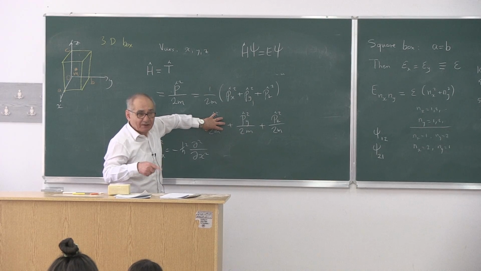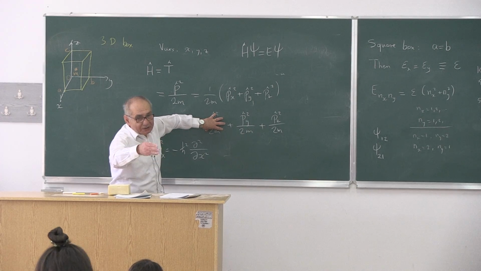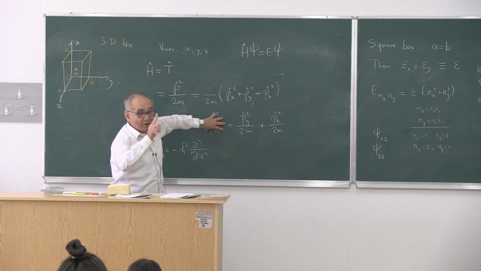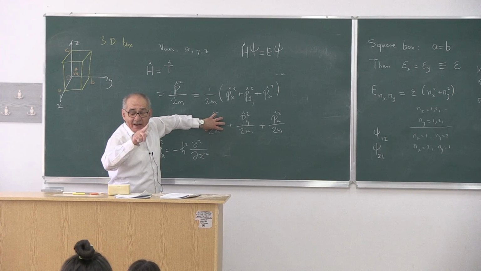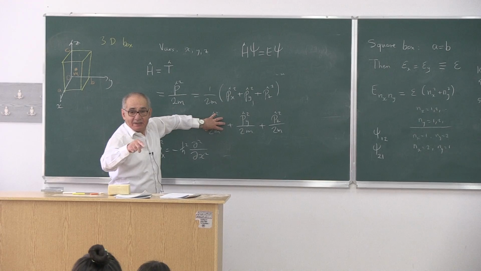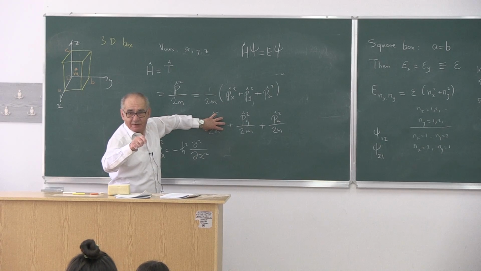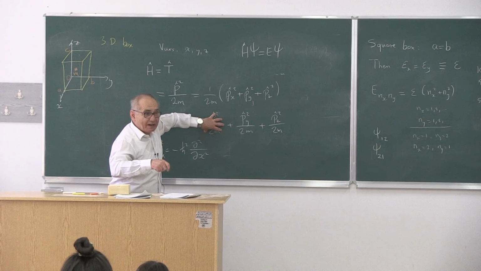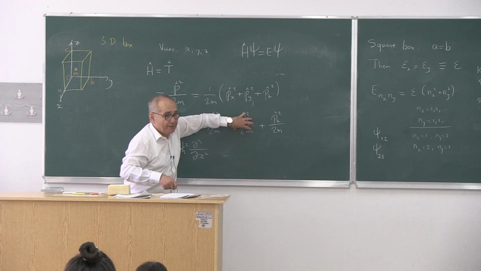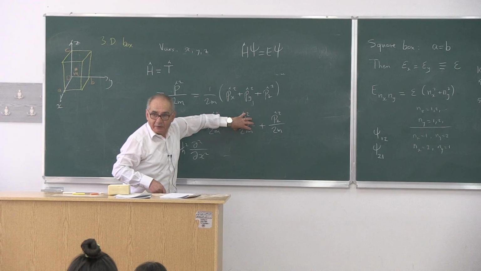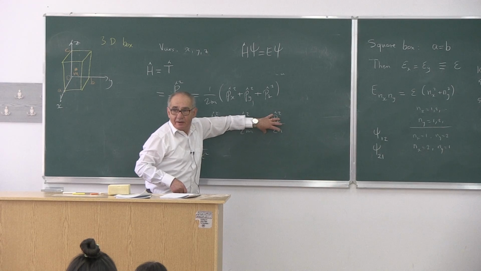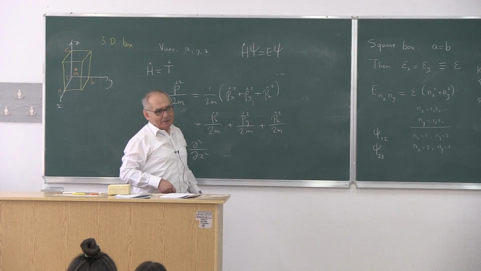The x variable. Does it contain y or z also? No, only the x variable. Remember, x, y, z are independent variables. It contains only the x variable. What about this one? Contains only the y variable. And this one contains only the z variable.